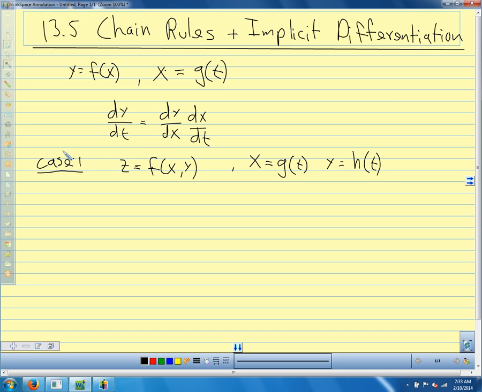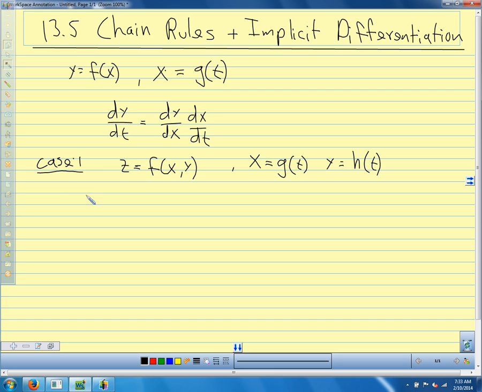We're assuming that z, x, and y are differentiable. Because z is differentiable, our first partials are continuous, so they're going to behave nicely.